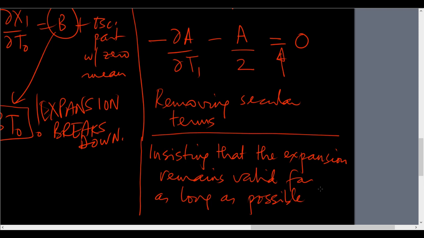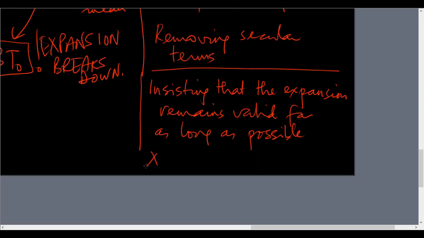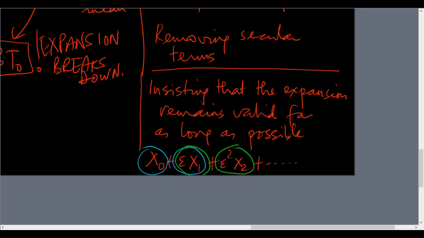What is the validity that I am talking about? x0 plus epsilon x1 plus epsilon squared x2. This is my series. In this series, this term must be much smaller than this term, and this term must be much smaller than this term. The moment that condition is violated, it is no longer asymptotic.